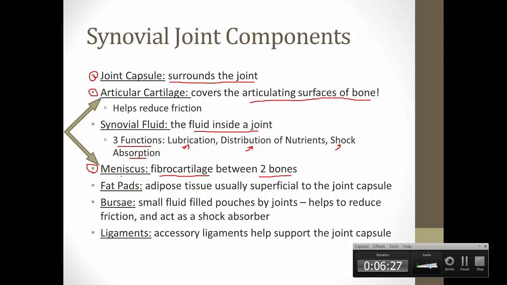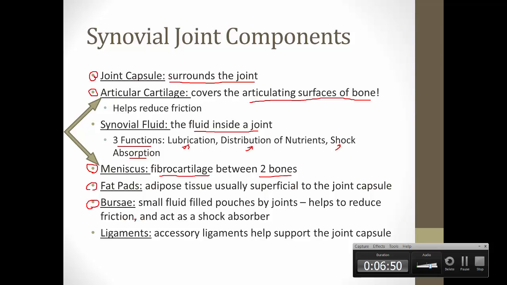An example of a joint that has menisci is our knee joint. Next, we have fat pads, which are formed of adipose tissue, and these ones also help with cushion. We have also bursa, which are fluid-filled spaces, and these ones also reduce friction between the joints and the muscles above.